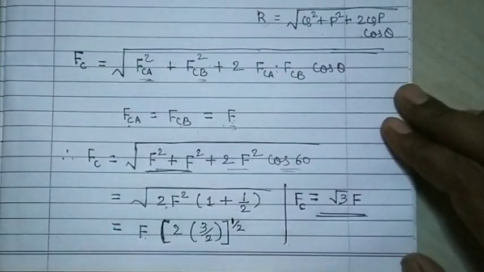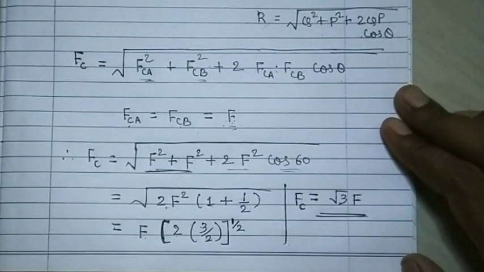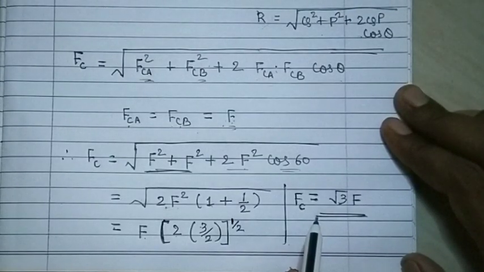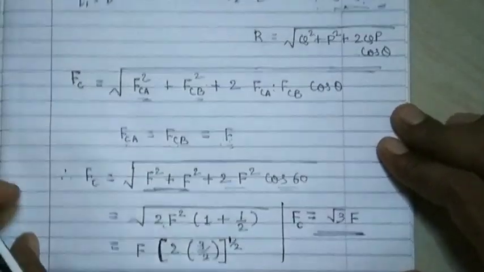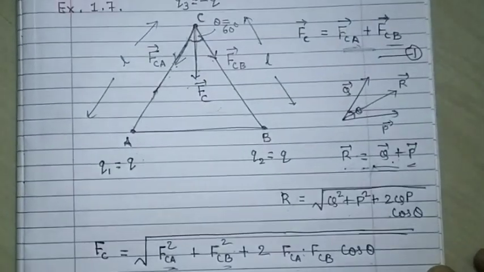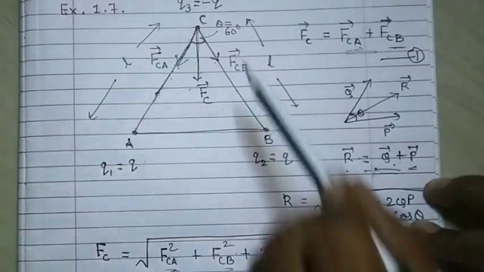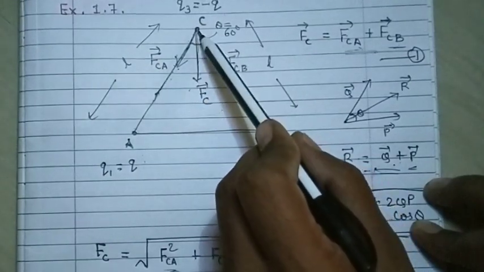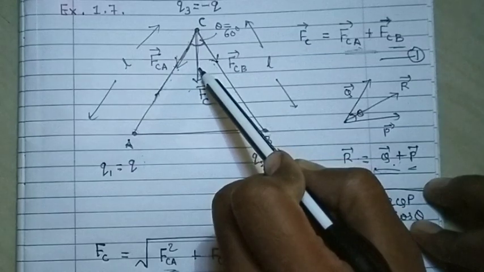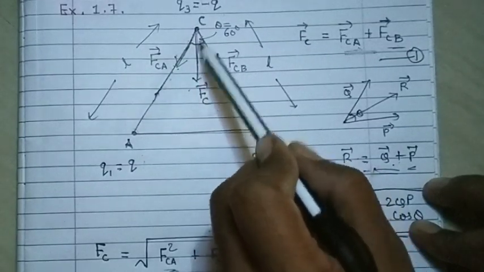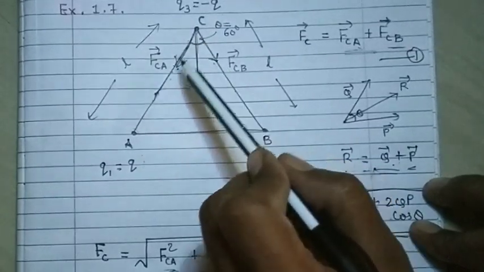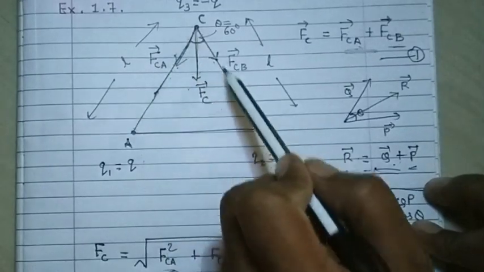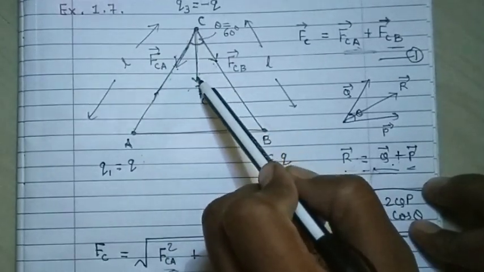So this is the magnitude. Now here we want to find the resultant force on C. Its magnitude is already obtained, but we have to give the direction also. So now you can see from the figure, its direction is exactly from the middle region. From point C, it is in this direction. We can say that it is the bisector of this angle. You can see this angle, angle ACB, and this is nothing but the bisector.